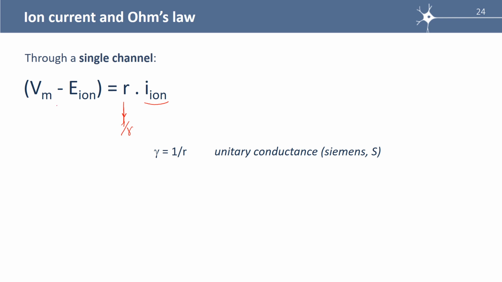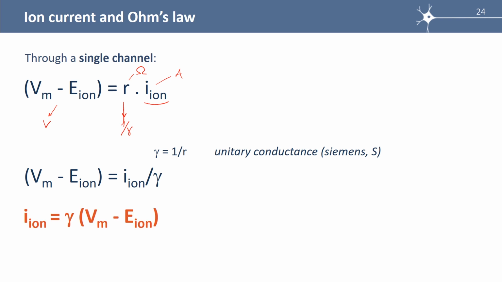I remind you that the driving force is expressed in volts, the current in amperes, and the resistance in ohms. The symbol is omega. And here, conductance is in Siemens. So now Ohm's law is expressed like this: the current through a single channel equals the conductance of the channel multiplied by the driving force through the channel.